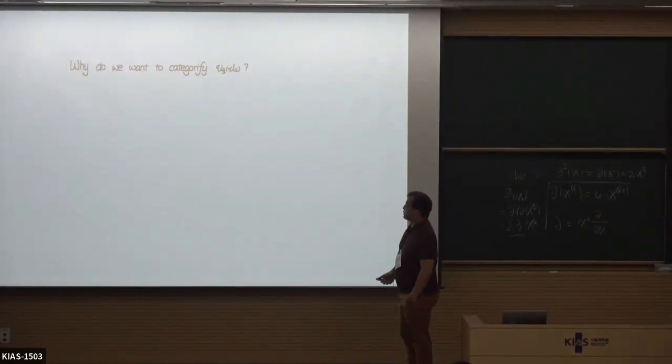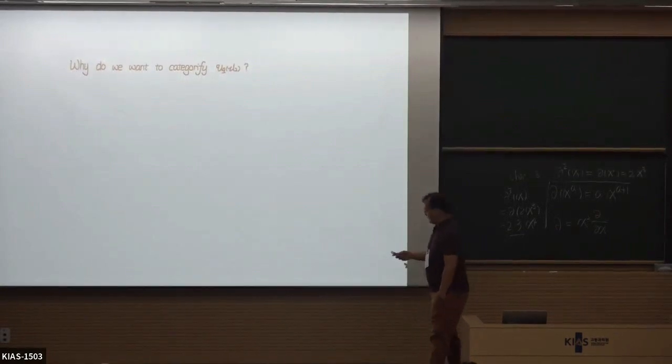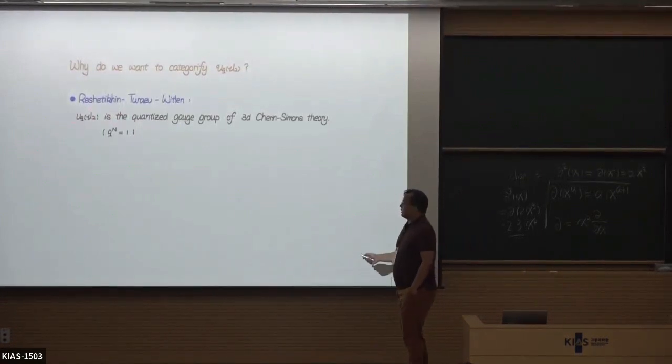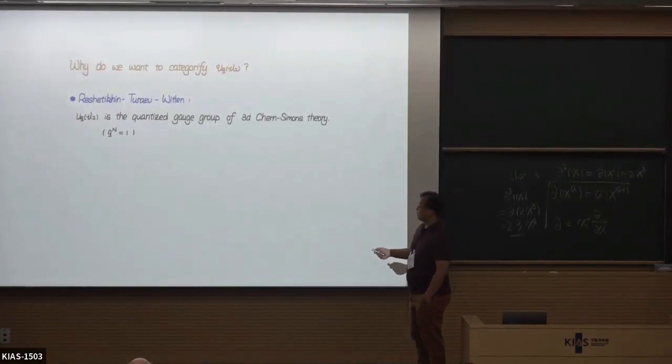As in yesterday's lecture, we explained this is the quantum group that appears everywhere in the Witten-Reshetikhin-Turaev story, but what's the role played by this quantum group? So in Chern-Simons Witten theory, SO2 appears as the local gauge group of this 3D Chern-Simons theory.